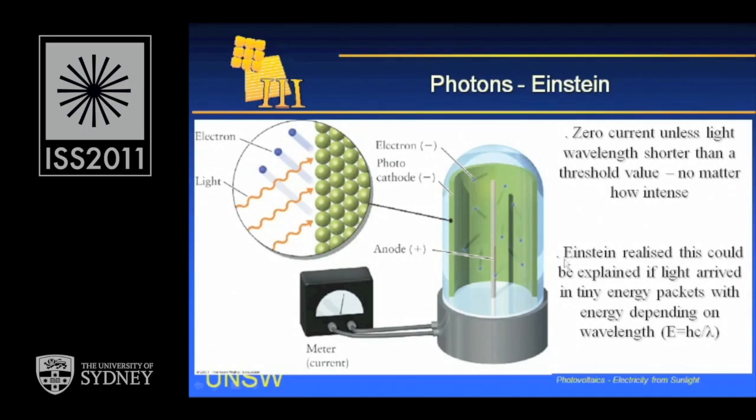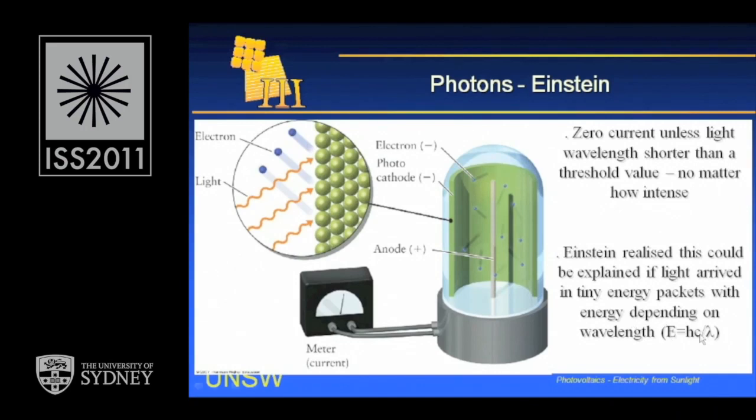So Einstein realised this could be explained if the light arrived in tiny energy packets rather than continuously. Again, stimulated by the idea of Planck in trying to explain the black body radiation, he thought one way you could explain this was if the light came not continuously but distributed in tiny energy packets, in the same way that Planck had assumed energy jumps within the properties of the black body absorber.